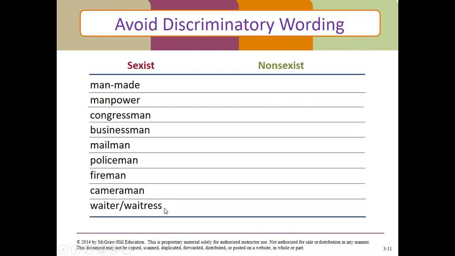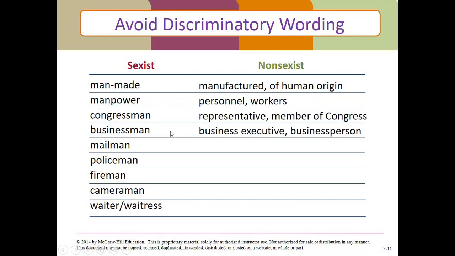So when you write something, try to be gender neutral. That means you should use the words which don't indicate any gender, neither male or female. So instead of man-made, you may use manufactured, or of human origin, personnel and workers instead of manpower, congressmen instead of congressman, business executive or business person instead of businessman.